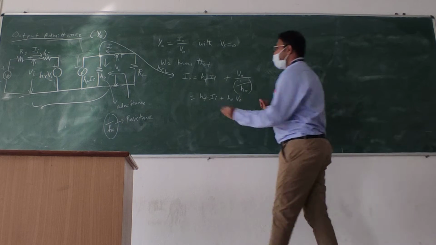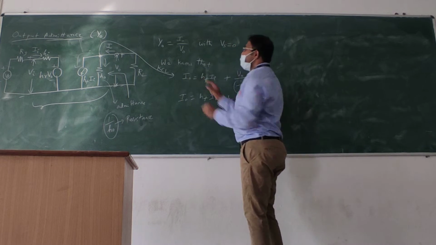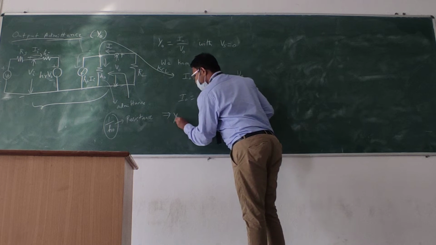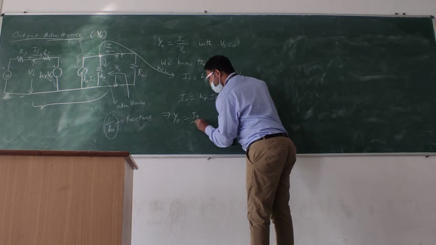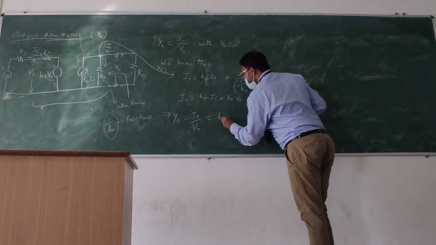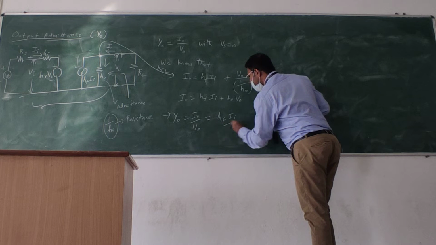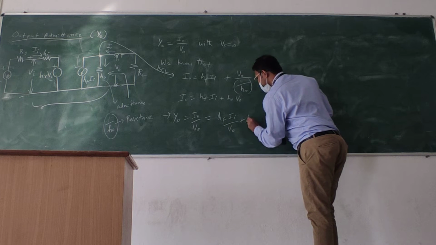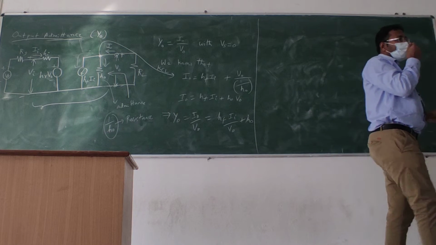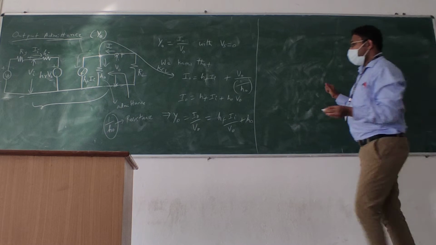Okay. So we need I naught by V naught, which will be HF I by V naught plus H naught. Okay, right? Next, what do we need to solve?